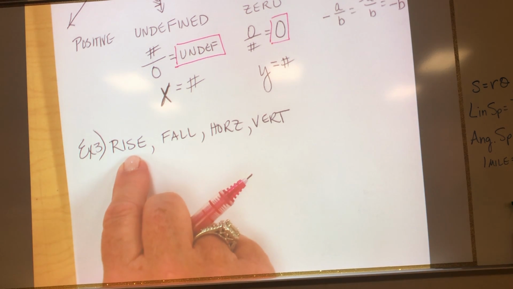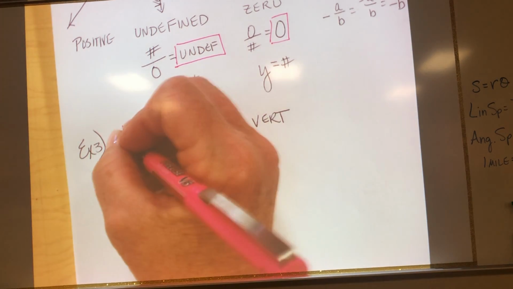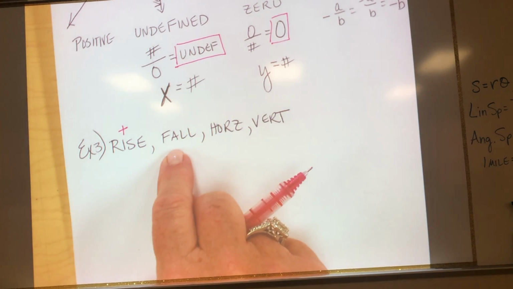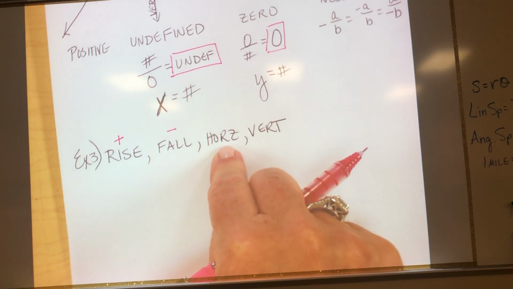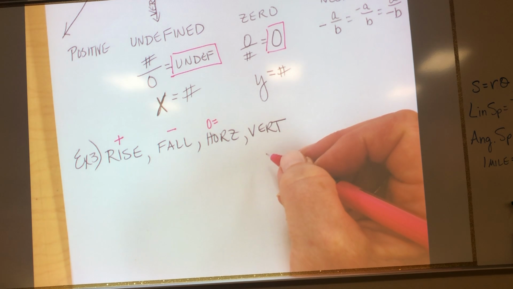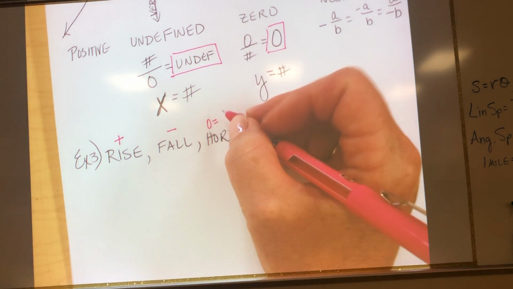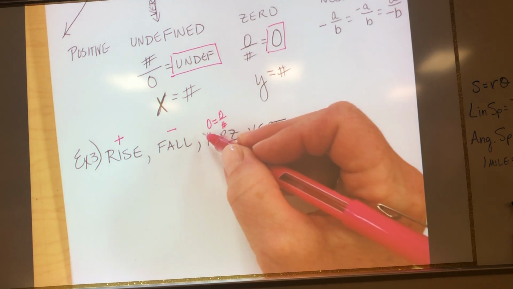If it rises, what am I looking for? A positive slope. If it falls? A negative. If it's horizontal? 0. Y'all, 0 divided by anything is 0.